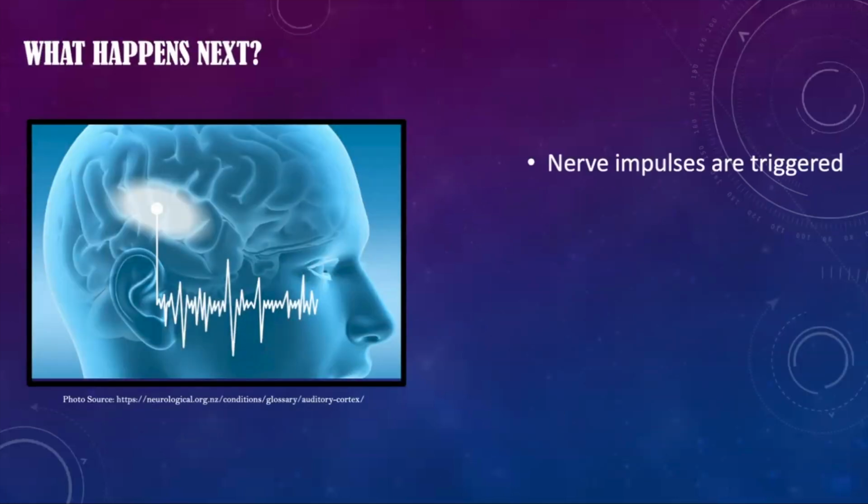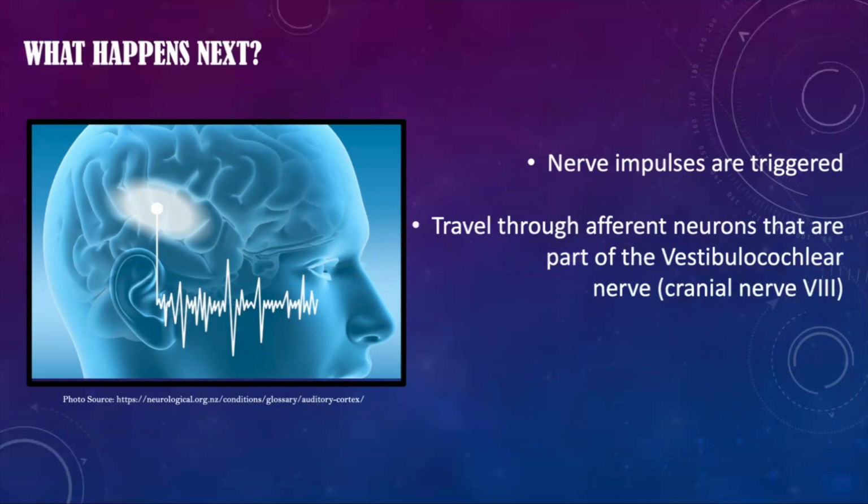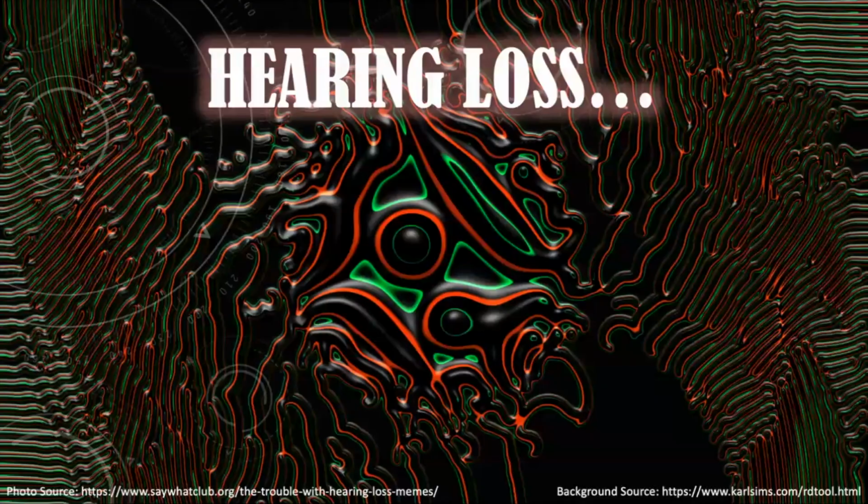So nerve impulses are triggered and then they travel through the afferent neurons that are part of the vestibulocochlear nerve. Like I said, that's cranial nerve 8 that comes out and takes signals from both the vestibule and the cochlea to take them to their corresponding areas in the brain. So the information is then sent to the auditory cortex in the brain.